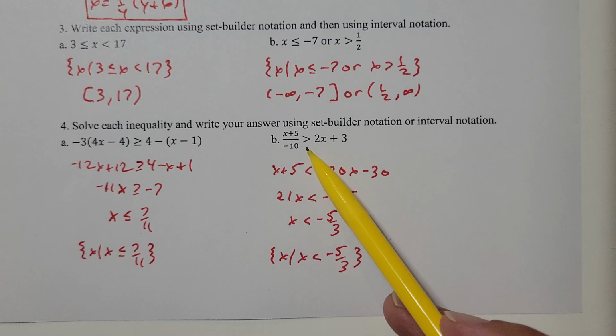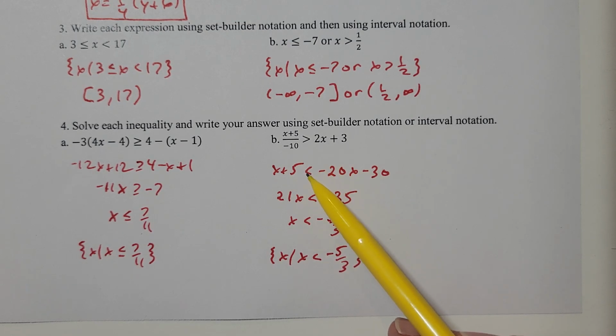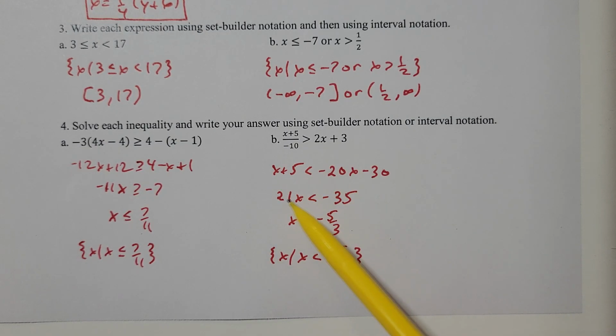Now we just multiplied both sides by a negative number, so I have to flip the sign there. Next, if I add 20x to both sides and then subtract 5, then 21x would be on the left, and -30 minus 5 is -35 on the right. And then divide by 21.